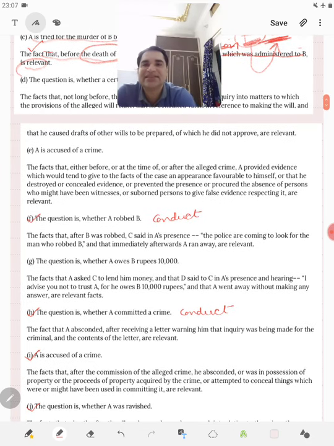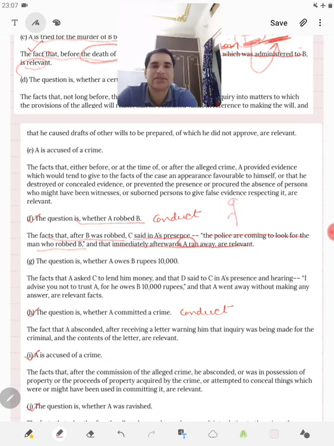Then the question is whether A robbed B. The fact that after B was robbed, C said in A's presence, the police are coming to look for the man who robbed B, and that immediately afterwards A ran away, are relevant.